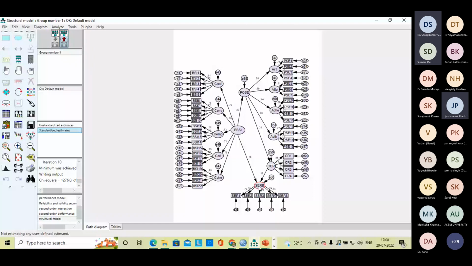Indirectly, buyer-seller interaction can have an effect on retention through sales performance and corporate reputation. In the next class, another teacher will explain mediation and moderation. Do not worry. I have simply explained because somebody may be confused about how it is an indirect effect.